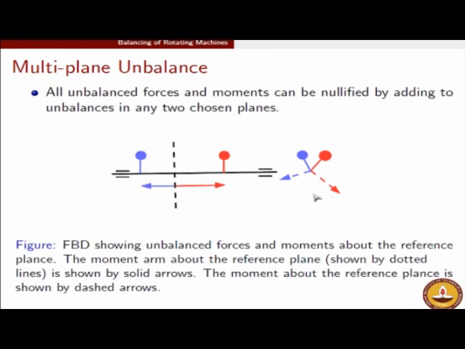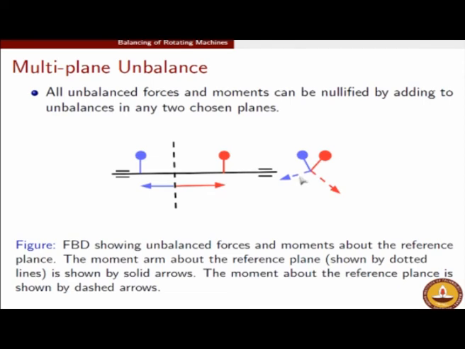So we are going to rotate all the moments by 90-degree counterclockwise. When we make a 90-degree counterclockwise rotation as per the convention, this red moment, the moment due to the red unbalance, will exactly get aligned with the unbalanced vector itself, or with the force vector itself.